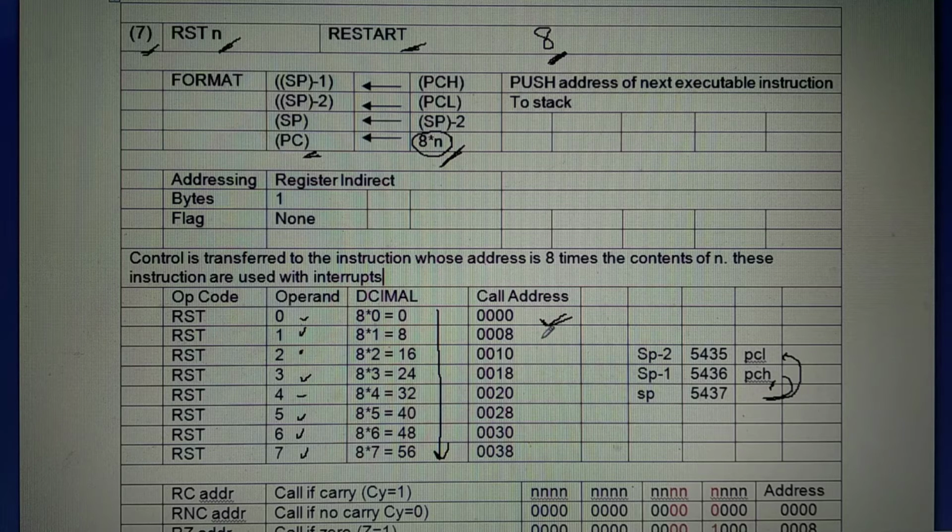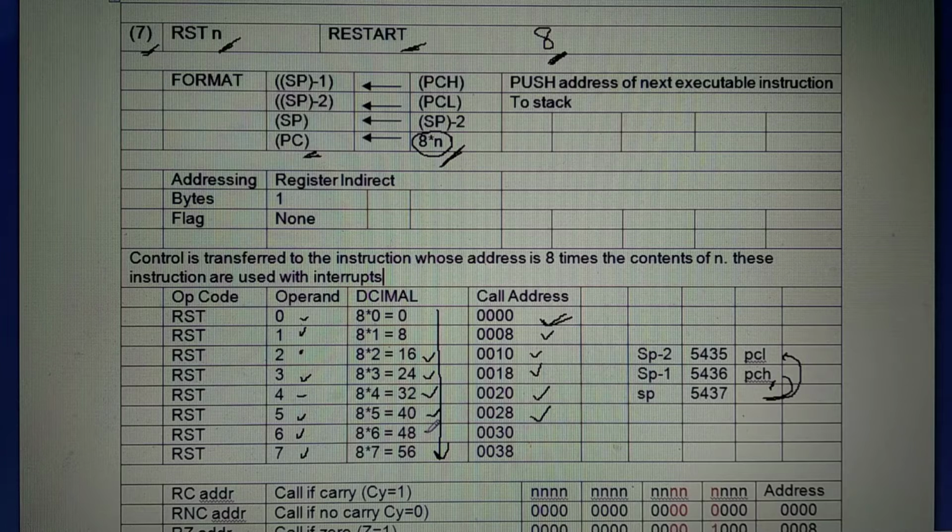Converting it into hexadecimal, you get 0008. 8 into 2, 16, in hexadecimal you get 0010. 8 into 3, you get 24, in hexadecimal 0018. 8 into 4, you get 32, in hexadecimal 20. 8 into 5, you get 40, in hexadecimal 28. 0028 is the call location.